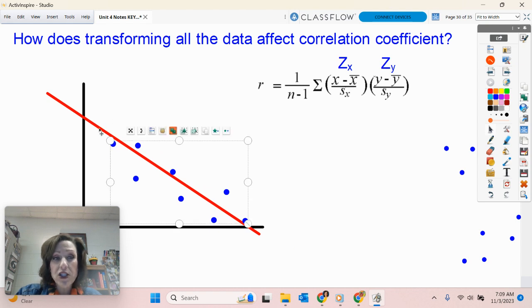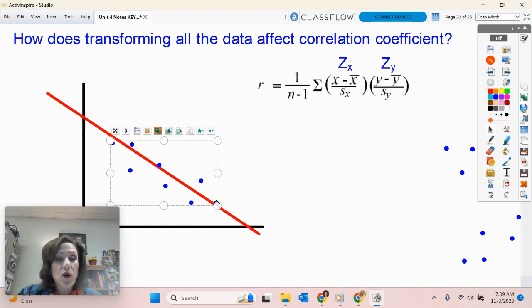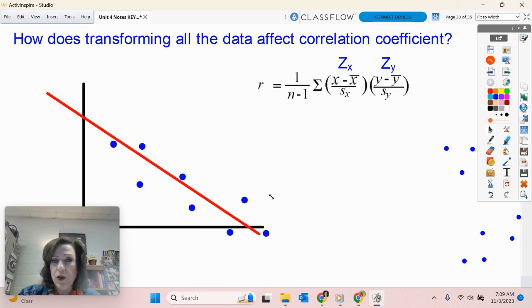Since it's proportionately the same around the line, it has not changed the correlation, that strength, because as the x is changing, the y is also changing. The standard deviation is getting proportionately bigger, so when you divide by something bigger, the quotient goes smaller. Anyway, the proportional relationship is still staying the same.